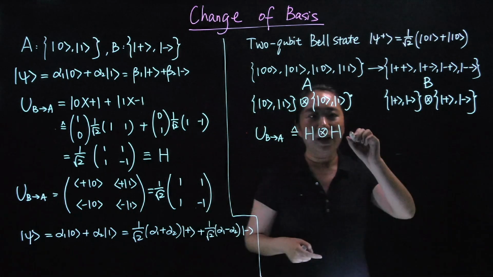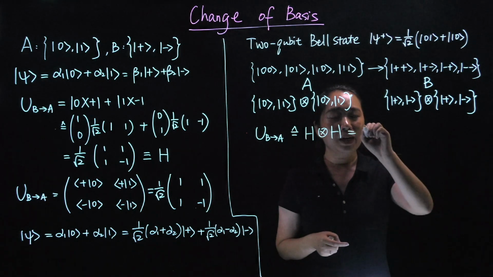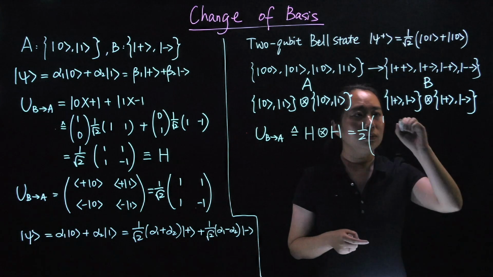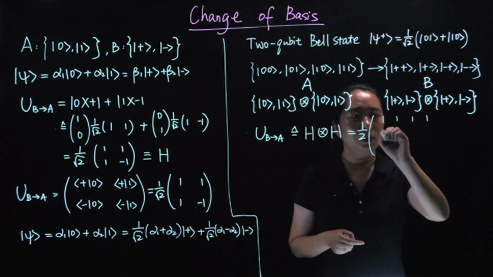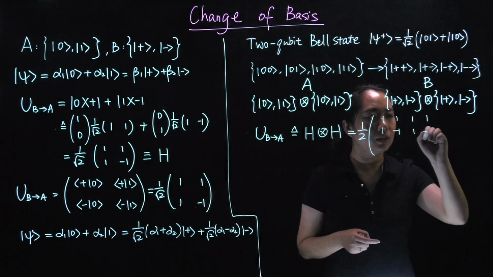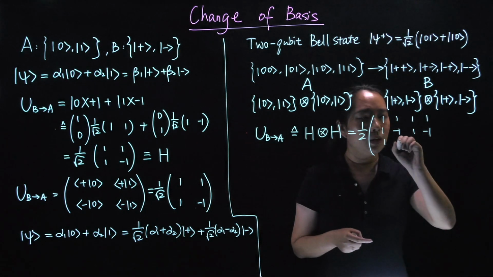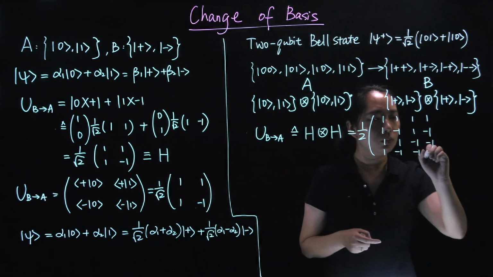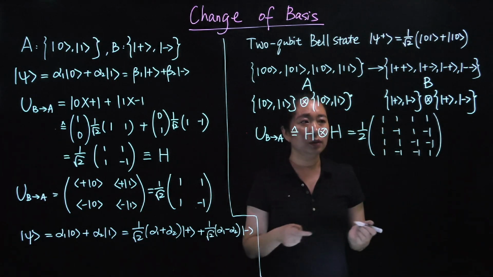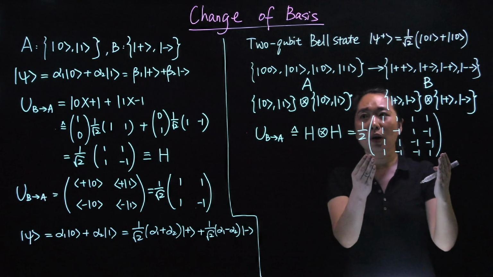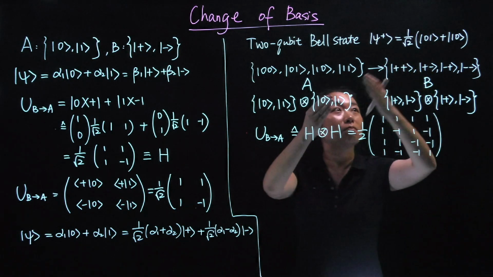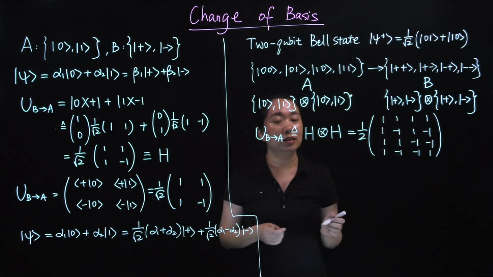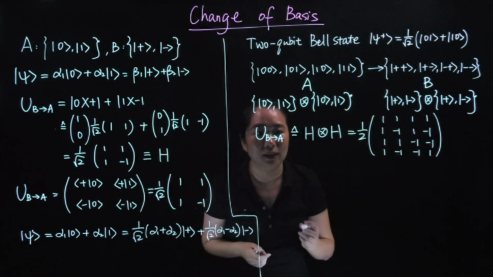If we work this out, we will find that this is 1/2 times a 4x4 matrix with rows 1, 1, 1, 1; 1, minus 1, 1, minus 1; 1, 1, minus 1, minus 1; 1, minus 1, minus 1, 1. So this 4x4 matrix would give us the transformation between the coefficients in these two different representations. Let's see how we get there.